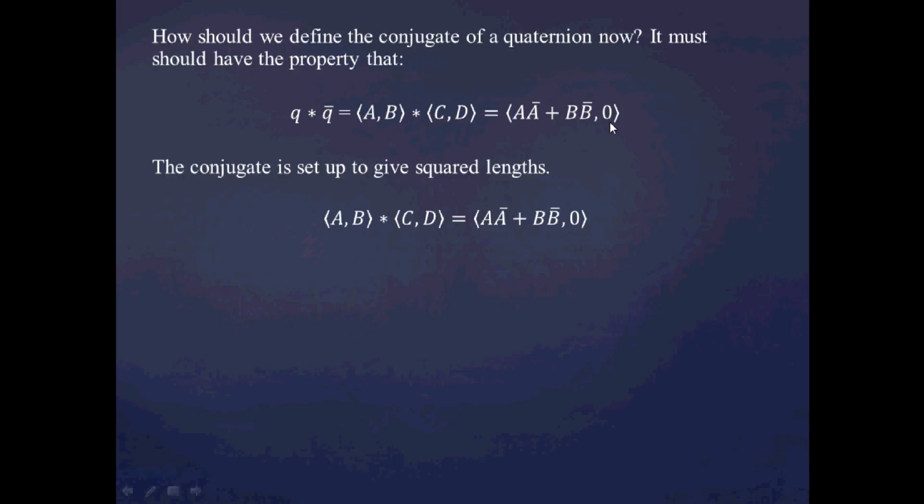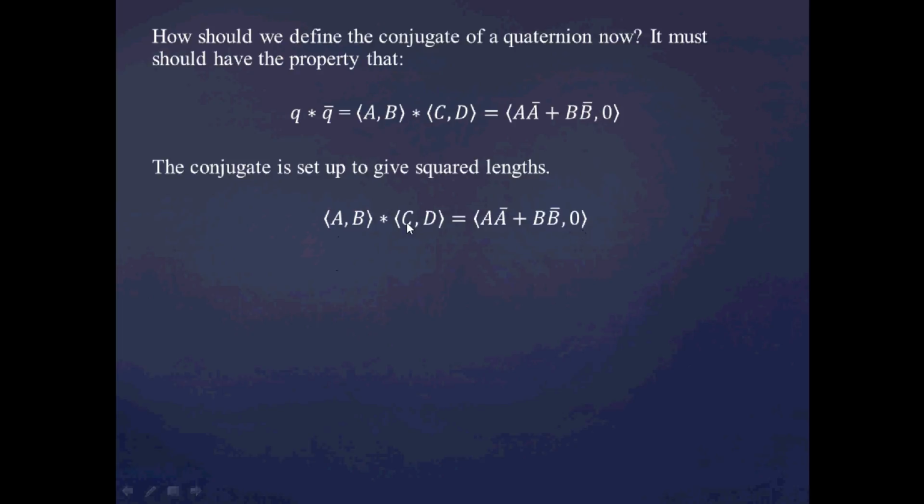What I want is that when I multiply (A, B) by (C, D), that's going to give me the squared length, A bar A plus B bar B, in the first component, and then the second component drops to 0. And this is because the conjugate is always set up to give squared lengths of the thing that you started with. So essentially I'm looking for what C and what D are going to work here. So I'm just going to multiply (A, B) by (C, D) and set it equal to (A bar A plus B bar B, 0).